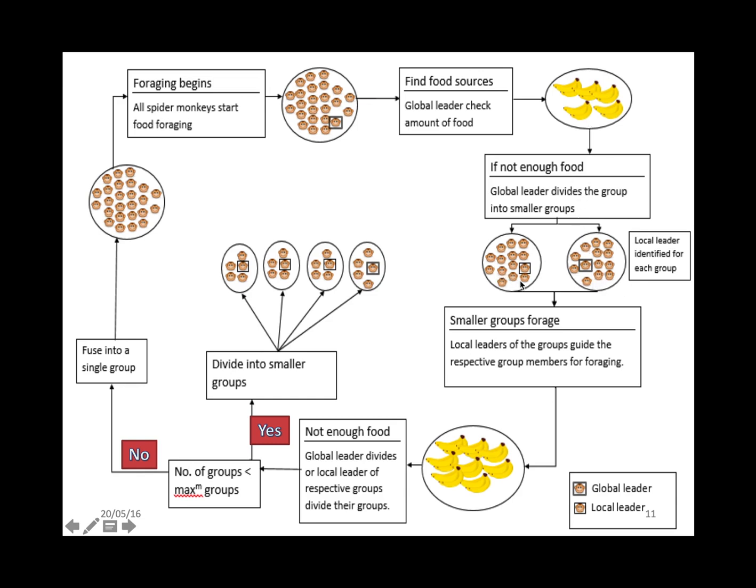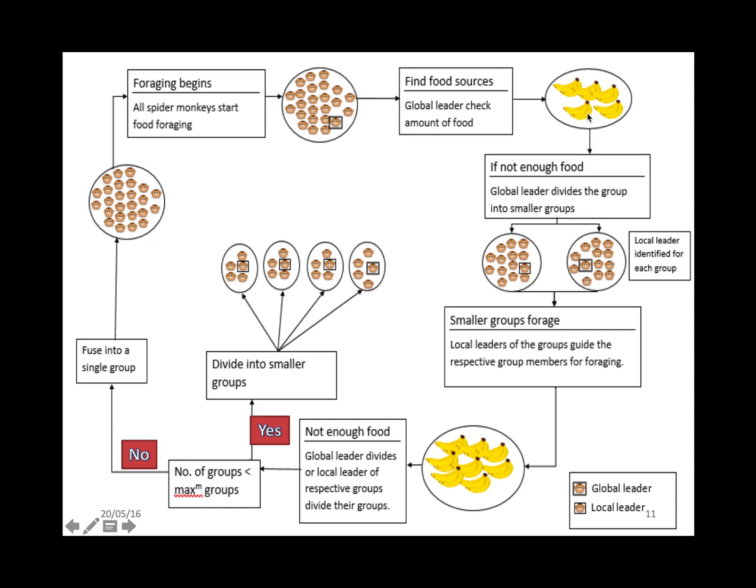These two smaller parts again have leaders, the best solutions of those smaller groups or sub-swarms. We call them local leaders, and the earlier leader is known as the global leader. So we have two kinds of leaders: the global leader, which is the best of the entire swarm, and the local leader, which is the best of a particular group. One of the local leaders is also the global leader.